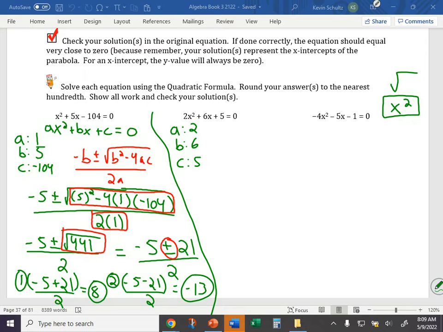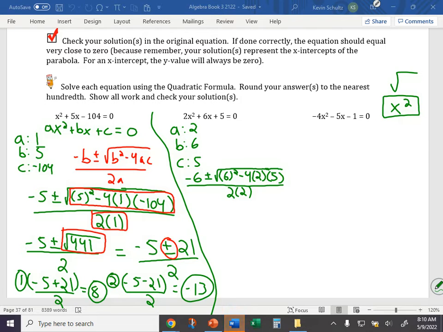Let's start by plugging the stuff in. -b becomes -6 plus or minus the square root of b squared, or 6 squared, minus 4 times a times c, all divided by 2 times 2, or 2 times a: b squared minus 4ac, all divided by 2a.